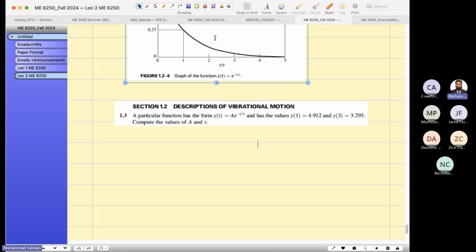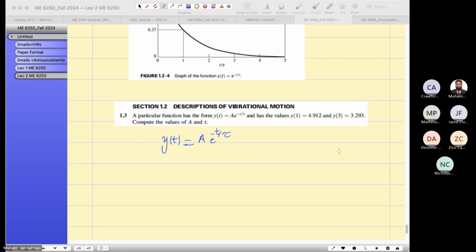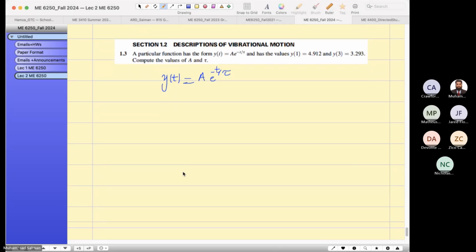A particular function has a form... so y of 1 is 4.912. Y at 3 seconds is 3.293. So compute the values of a and tau.